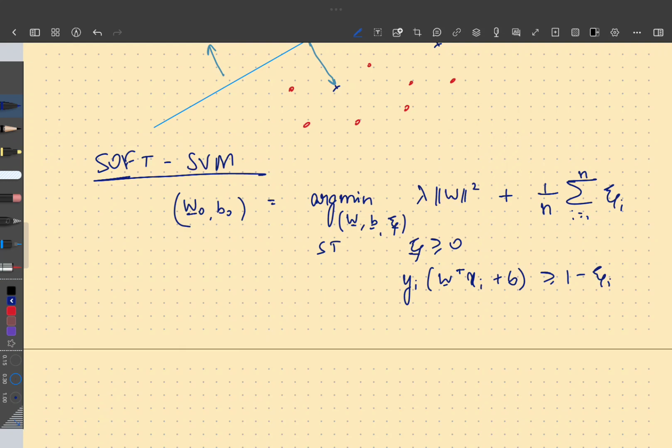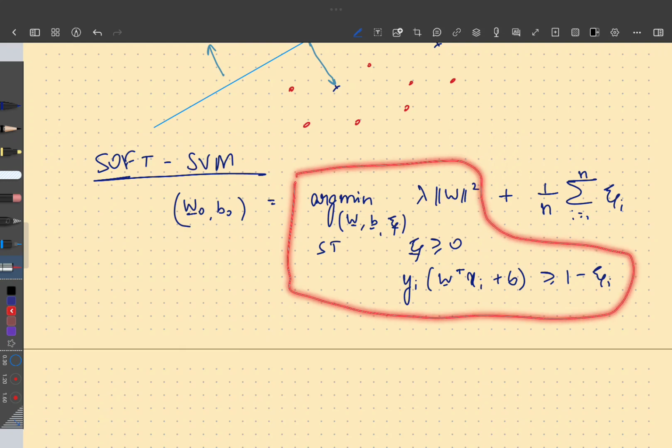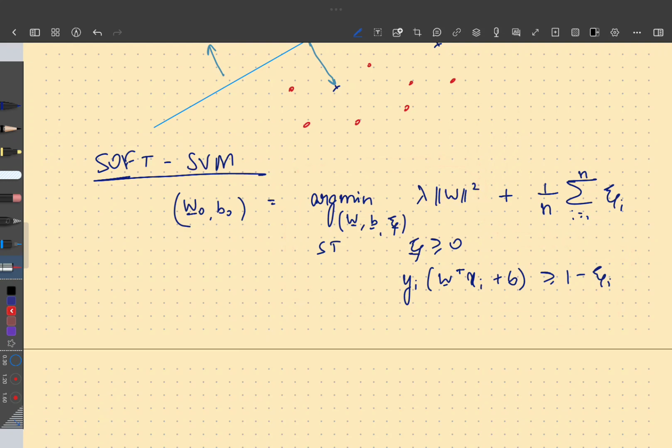So if you are able to classify all of the points correctly, then there is a solution where all of these xi's are equal to 0. Basically, this can be chosen to all be equal to 0, and then this reduces to the Hard-SVM optimization problem.